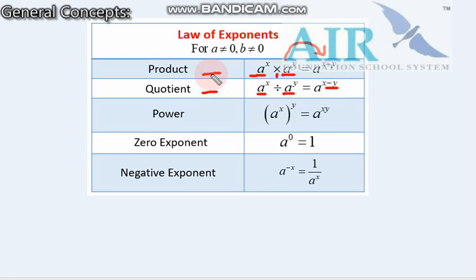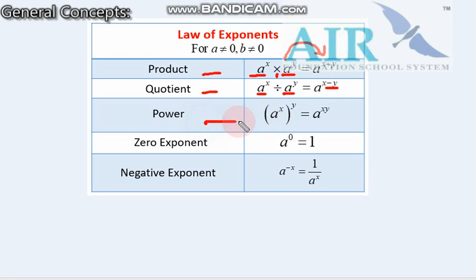I am repeating, if you have the same bases and a multiplication sign in between, your powers will be added. And if you have the same bases and a division sign in between, then your powers will be subtracted.